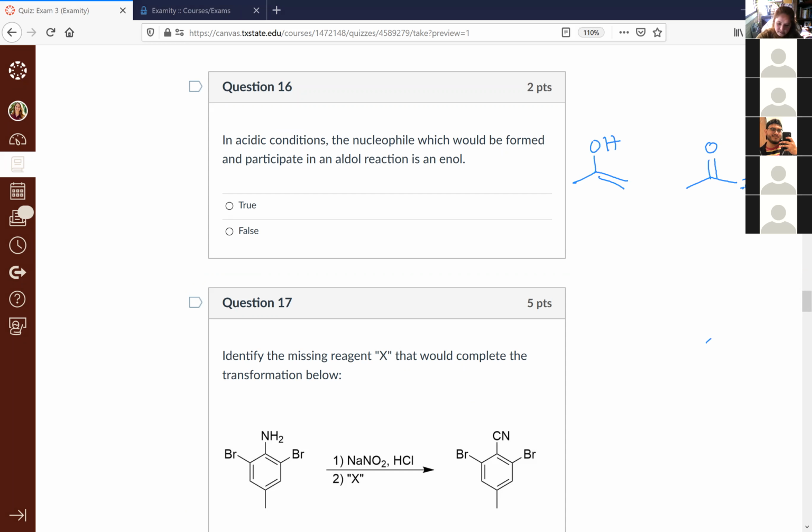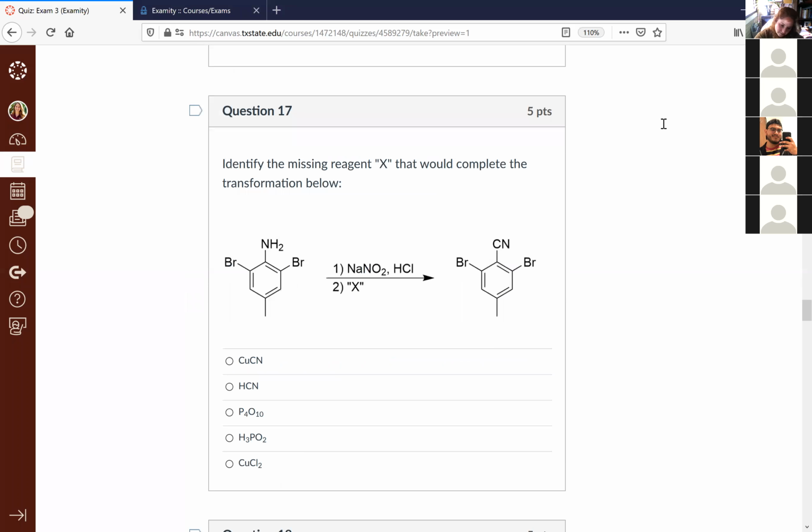Which one exists in acid? Wouldn't it be the enol? Yeah, so this is the version that exists in acidic conditions. So this is true.